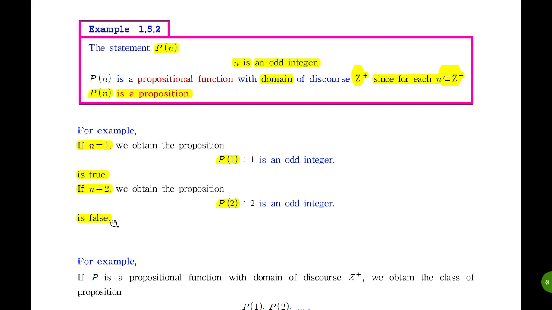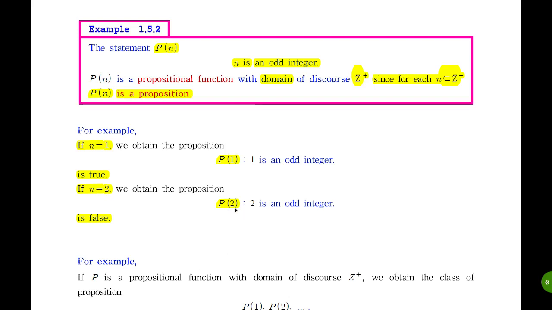false, because when the domain of discourse is Z plus, the positive integers, this statement is not true for some positive integer n, such as n equal to 2.